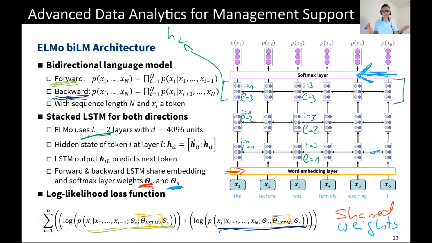We train our deep bidirectional network on some large corpus to perform language modeling, and then we have these weights.